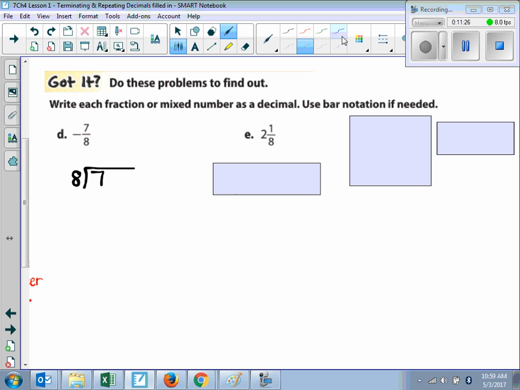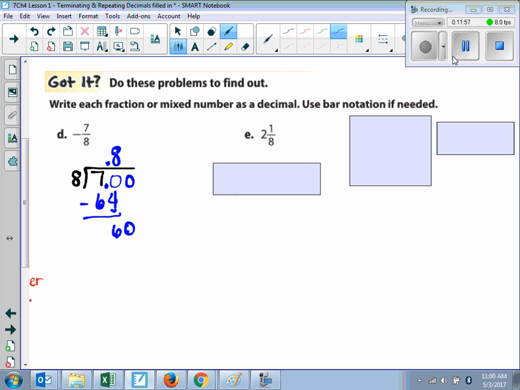We have to annex a 0, and then we're going to bring the decimal up top, okay? So how many times does 8 go into 70? 8 times. So 8 times 8 is 64, and then we subtract. So 70 minus 64 is 6, and then we're going to annex a 0 and bring that down.